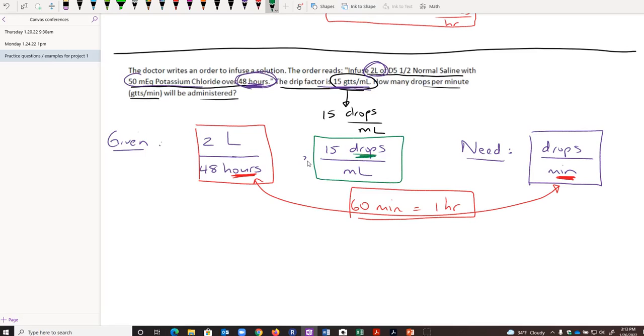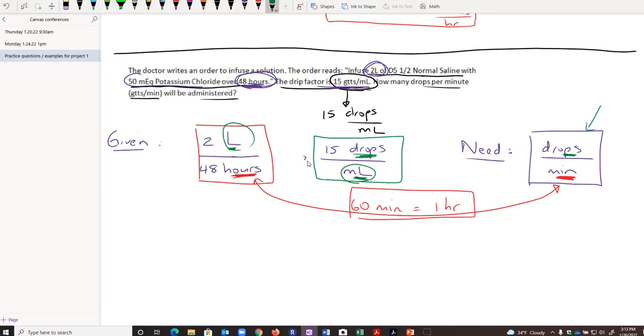The drops are up here, which is where it needs to be in our answer, but you'll notice it also gives us another unit that we don't see in the answer. We're given a unit of volume, which is mils. And we also see a unit of volume in the other relationship given, which is in liters. So we need to eventually get rid of that volume unit in both of these because it's not present in our answer.